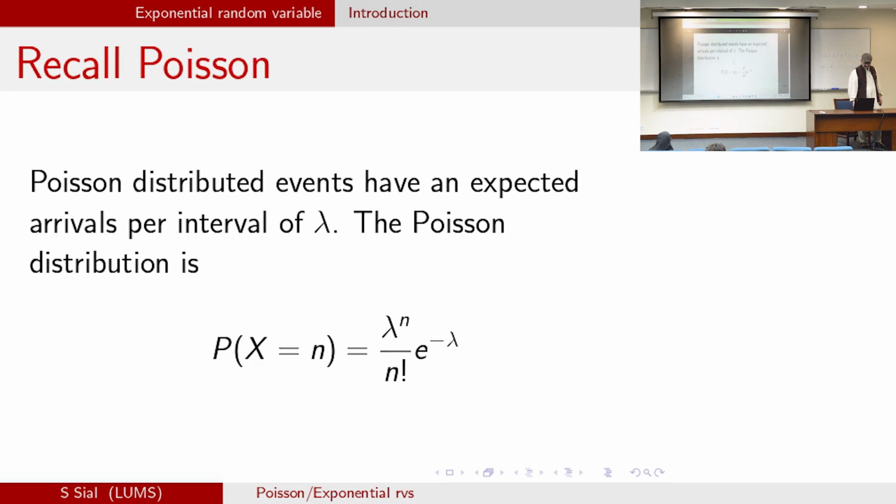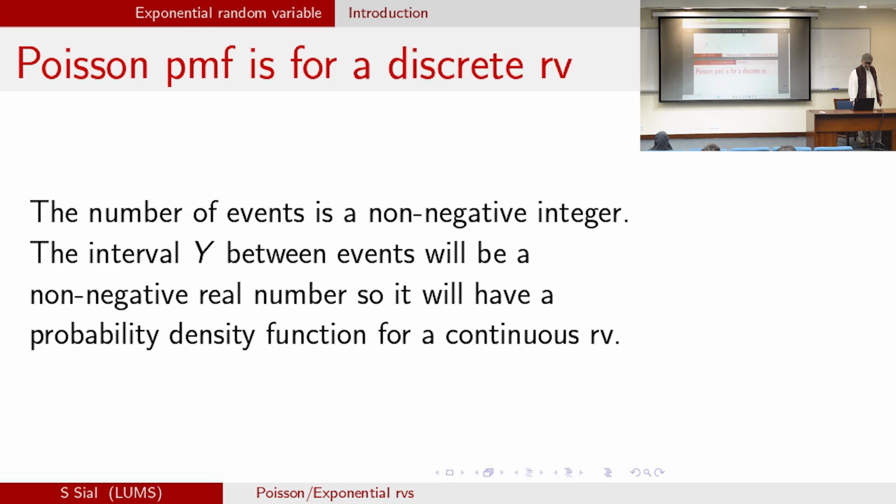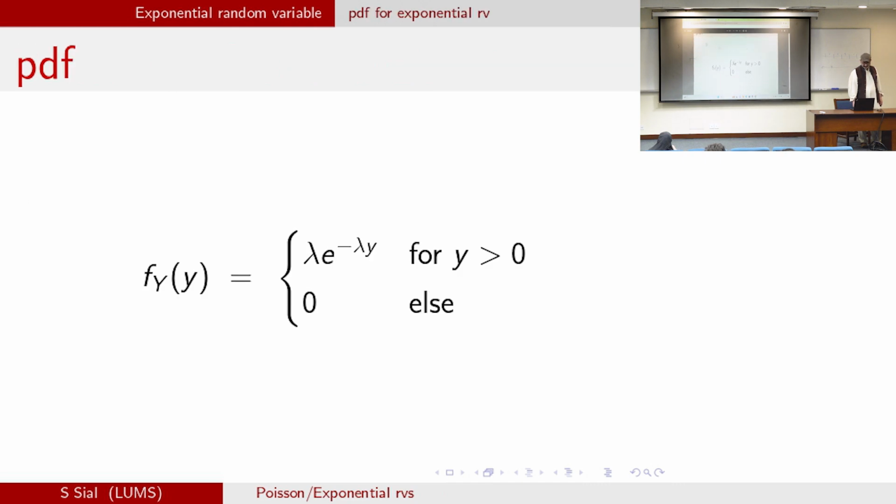Once again, let me remind you of the PMF for the Poisson distribution, and that's a discrete random variable. The exponential random variable, on the other hand, is a continuous random variable. So if x is my Poisson random variable, I have events which are Poisson distributed with an expectation of lambda events.